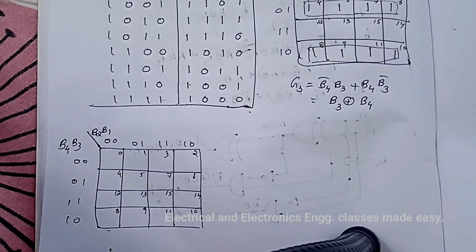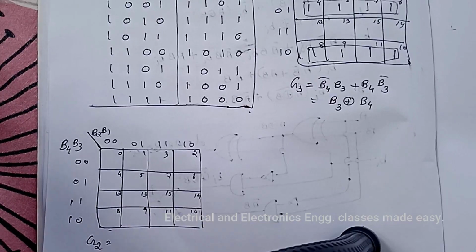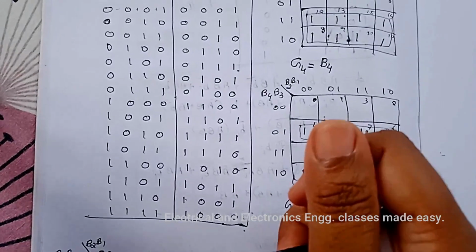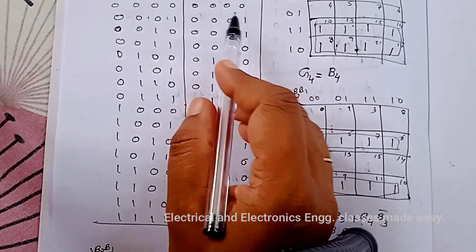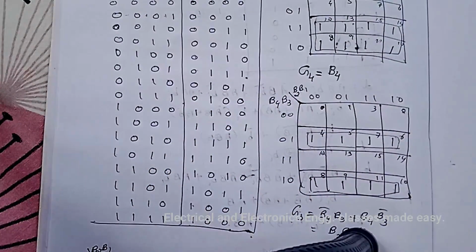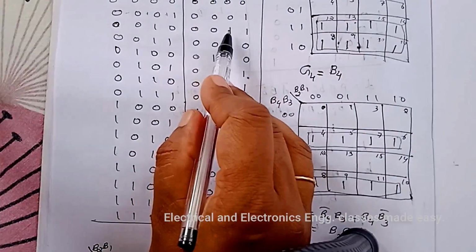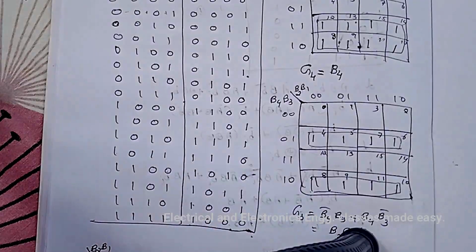Next we have to realize G2, and for that G2, so here 2, 3, 4 and 5 are equal to 1.